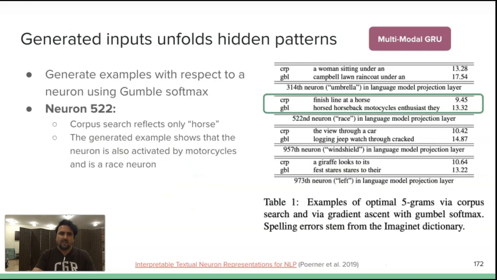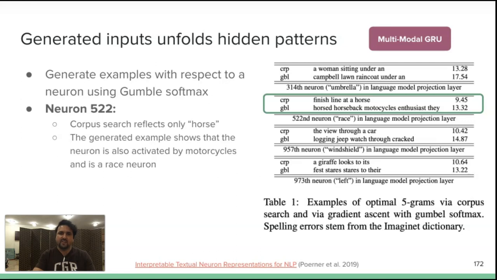Another work done along this line is that rather than extracting contextual information from the corpus, we generate the context that maximally activates the underlying neuron. So this method brings out hidden information that the network has but the underlying corpus cannot reveal for you. For example, the original corpus method found that neuron 522 is actually a horse neuron.